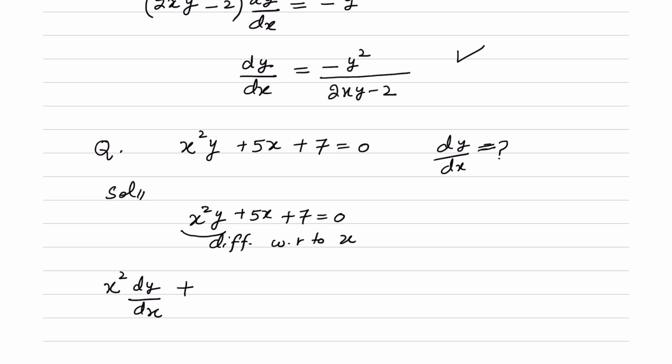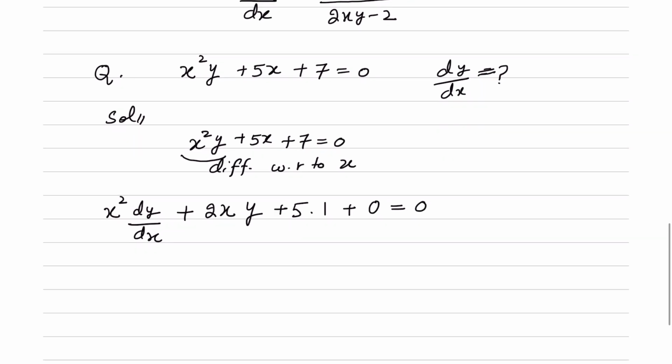First term is x square, so its derivative with respect to x is 2x. And the second term as it is plus 5. Derivative of x with respect to x is 1 plus derivative of 7 with respect to x. 7 is a constant, its derivative is 0 and derivative of 0 is 0.